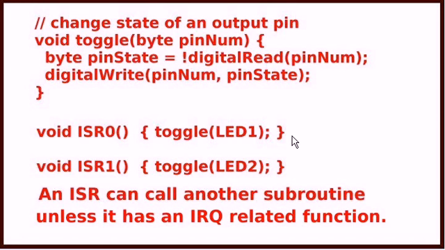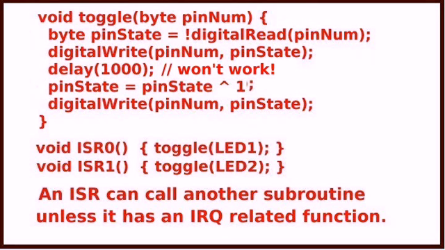This is perfectly fine. But remember, we still have the same rules. When I go into an interrupt service routine, until I reach the last curly brace for a return, all of the other interrupts will be blocked. While this works fine in this routine, it won't in the next routine.